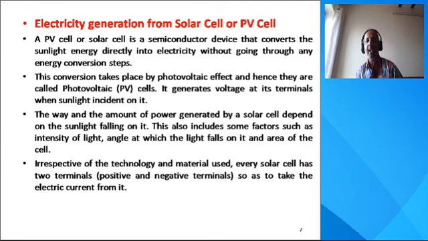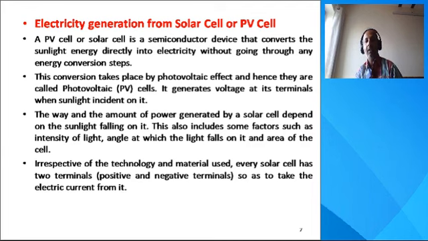The amount of power generated by solar cell depends on sunlight falling on it. This also includes some factors such as intensity of light, angle at which light falls on it, area of the cell, etc. Irrespective of the technology and the material used, every solar cell has two terminals.